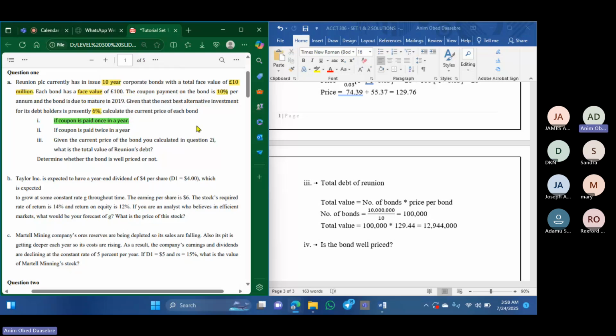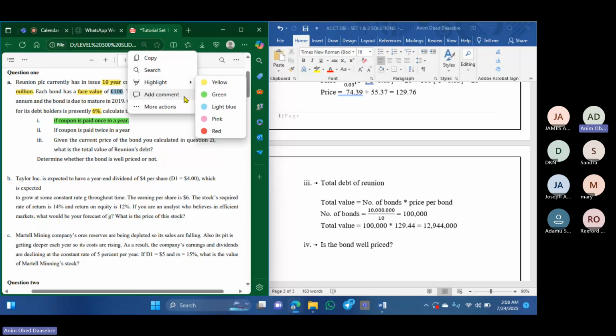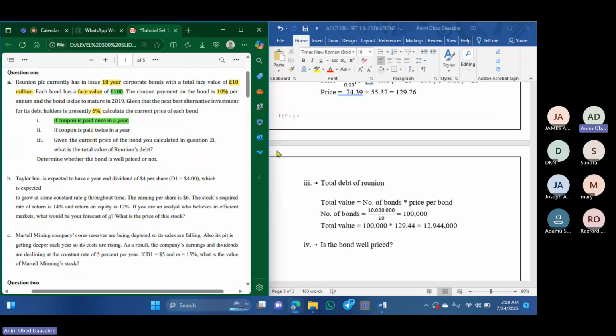Par is 100 in the question, but the price is 129.44. That is why the bond price is greater than the par, or the face value.